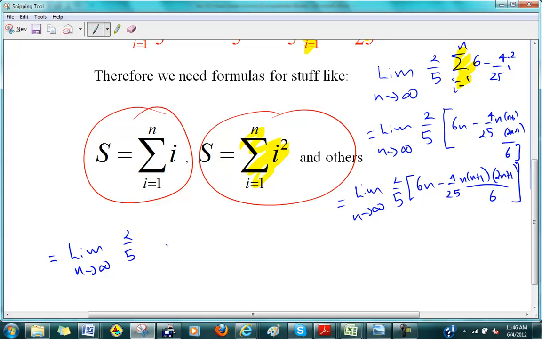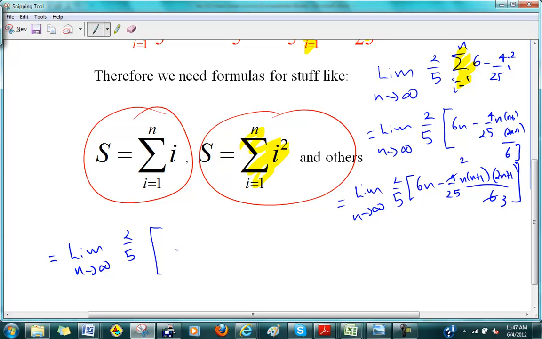Okay, so I need to write this as a rational function first. So someone help me write this as a rational function. Can I reduce the denominators here? Is that okay? And then I get 25 times 3 times 6n. Can someone do that math for me, please? 25 times 3 times 6.